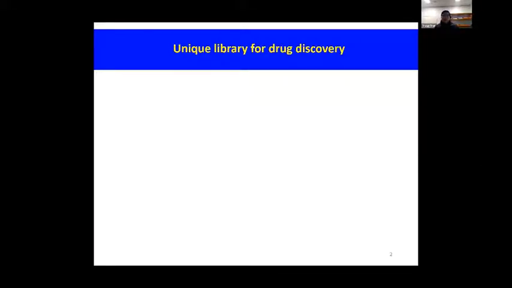You may know that to start a drug discovery program, the first thing we should consider is the screening library. And of course, we can build up the library from different sources. We can randomly pick everything and build up the library, or we can base it on the knowledge of traditional medicines or ethnomedicines.